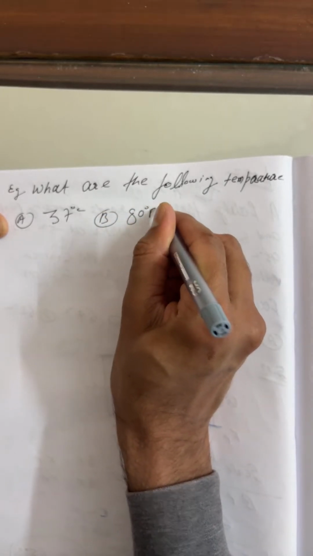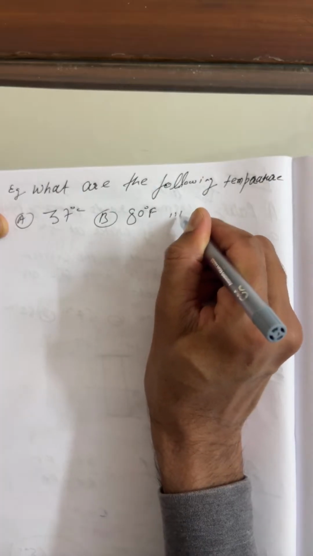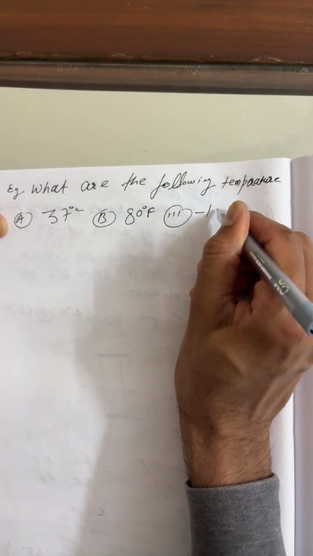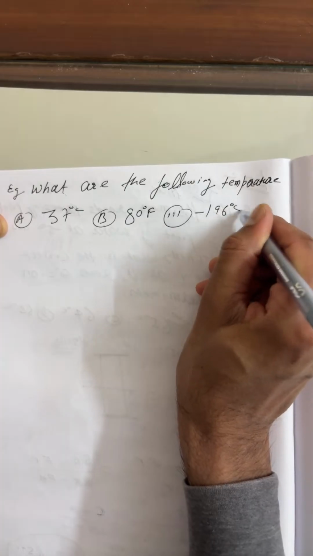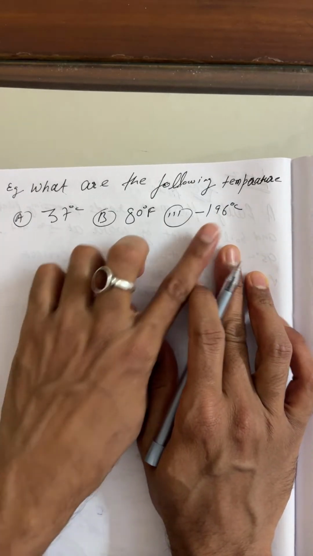This is 80 degrees Fahrenheit. And the third one, you can say minus something. I'm just taking random data. What are the following temperatures?